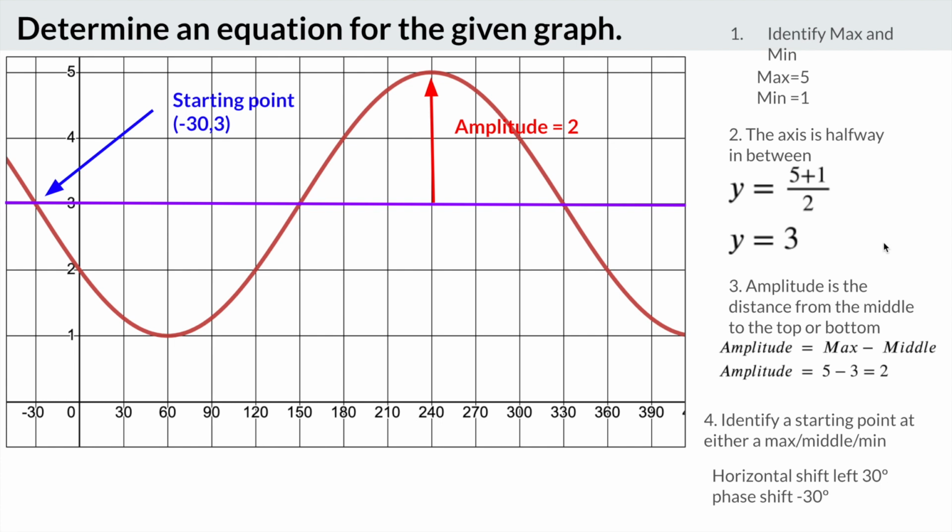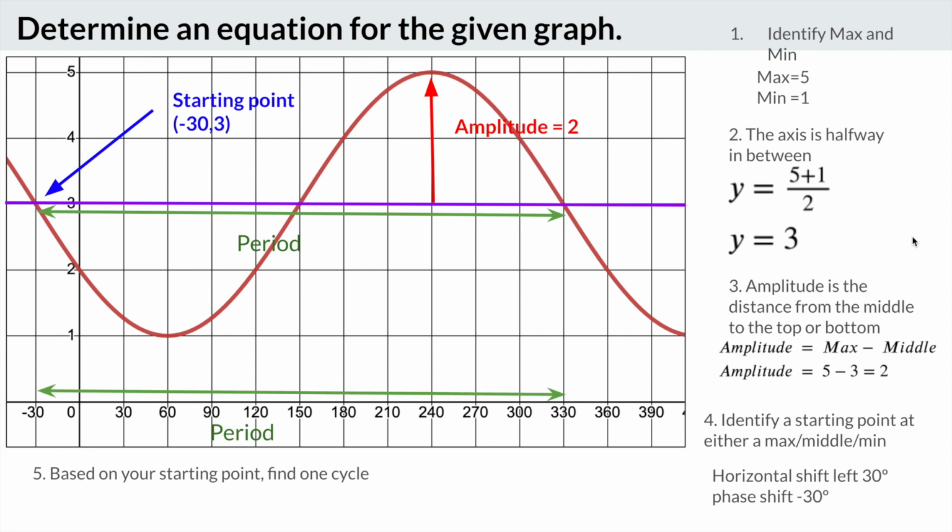The last property that I need to use is my period. My period being the length of one entire cycle. So that length, based on my starting point, goes from -30 up to 330, which means the length is 330 plus that extra 30, or 360 degrees.